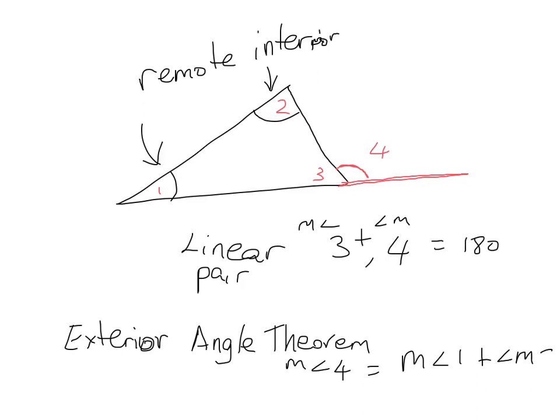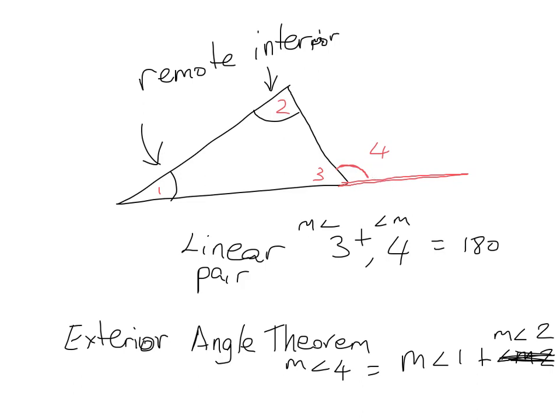Oh, that's written backwards. Let's fix that. Measure of angle 2. So if I add our remote interior angles up, the measure will be the same as the exterior angle.